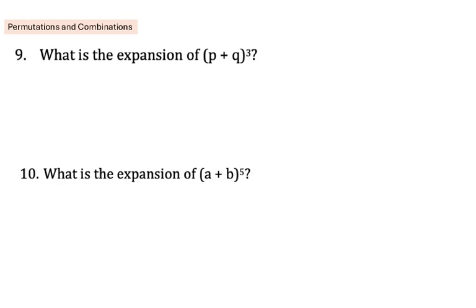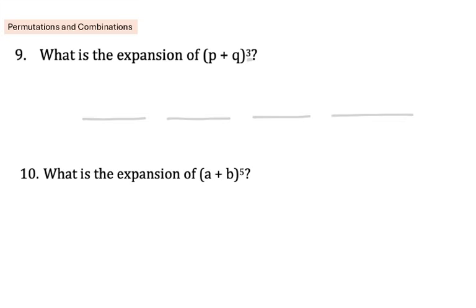Okay, these next questions talk about the binomial expansions, and they follow a very specific pattern. The first thing I want you to do is look at the power. That power of 3 means that there's going to be a total of 4 terms when we expand it, when we multiply it out.